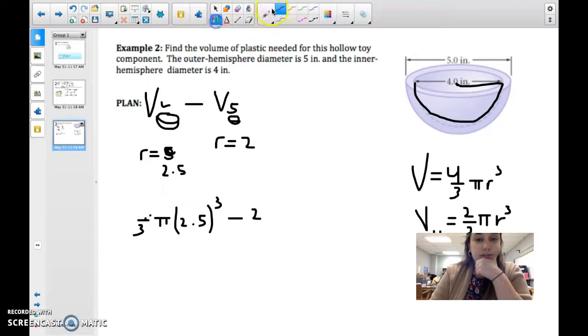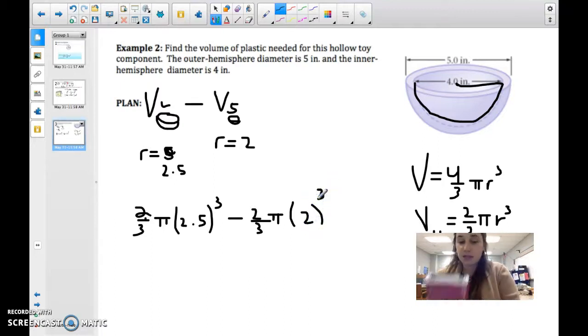Minus 2/3 pi 2 cubed. And then you could simplify this, but since it's in a decimal, that's fair game to me to grab a calculator. Times 2.5 cubed.